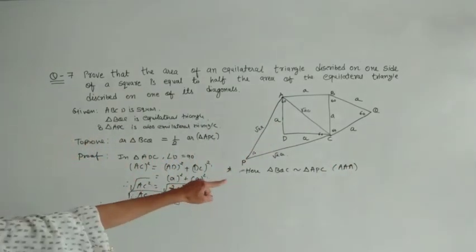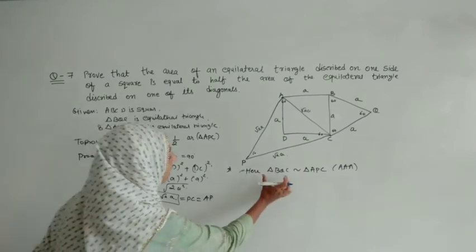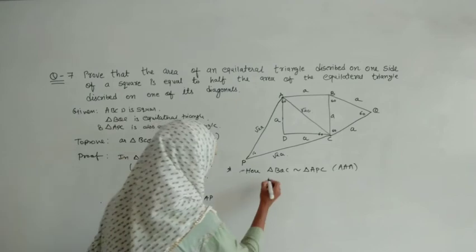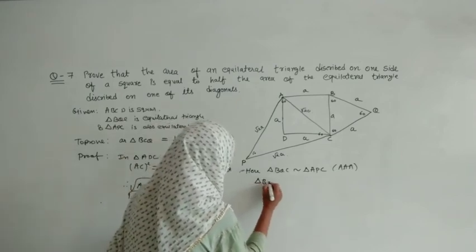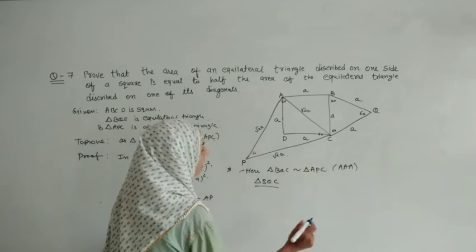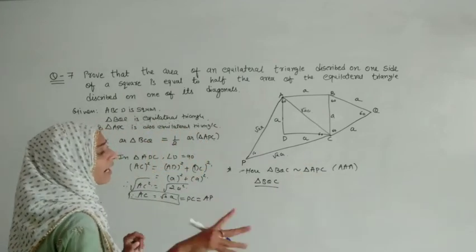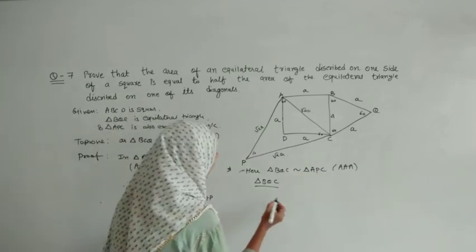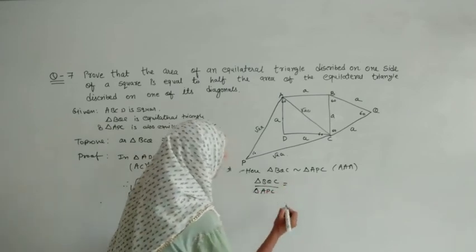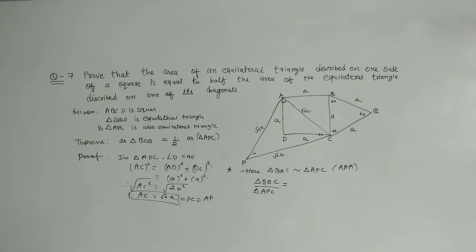So we will mention that because of AA similarity, we can directly write this. Now we will use theorem 6.6. In that we can say that when we take the ratio of the areas of two similar triangles, it equals the ratio of the squares of their corresponding sides. So let us mention triangle BQC to triangle APC, and that is equal to what?